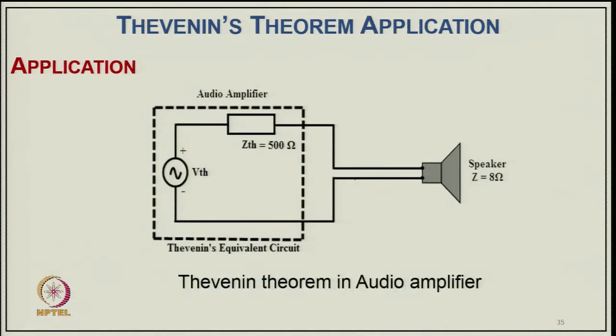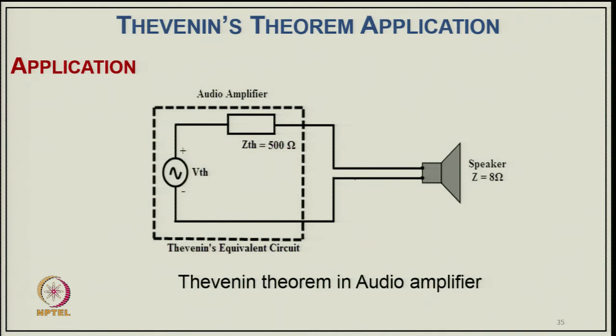A typical application is an audio amplifier, where the Thevenin theorem is applied. We have a speaker with a different resistance, typically Z equal to 8 ohm, and an amplifier, which is like an AC source, with an internal impedance of 500 ohms.